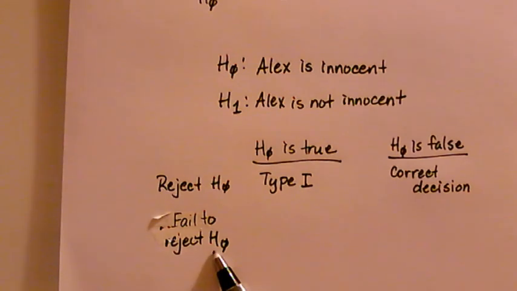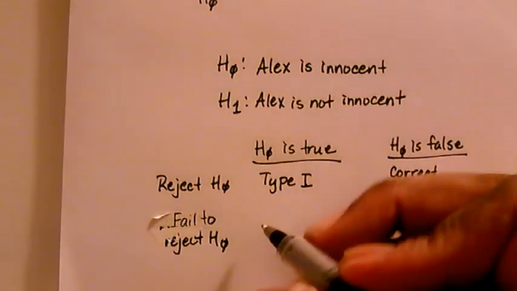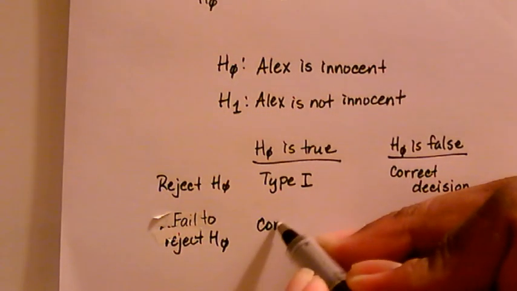Now, if we fail to reject the null hypothesis, and that null hypothesis is true, we fail to reject his innocence, that he is innocent, and it is true that he is innocent, that's the correct decision.